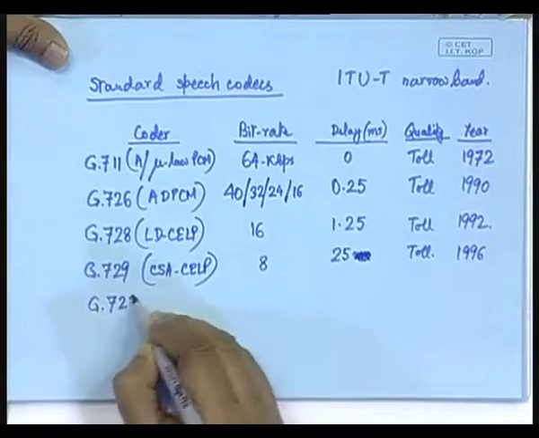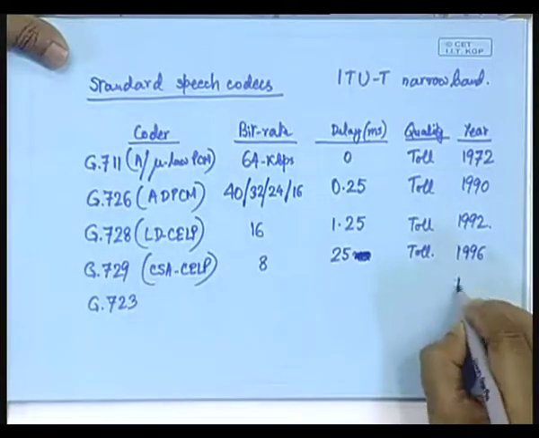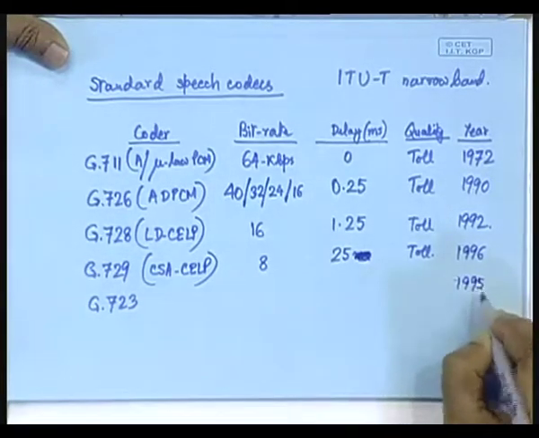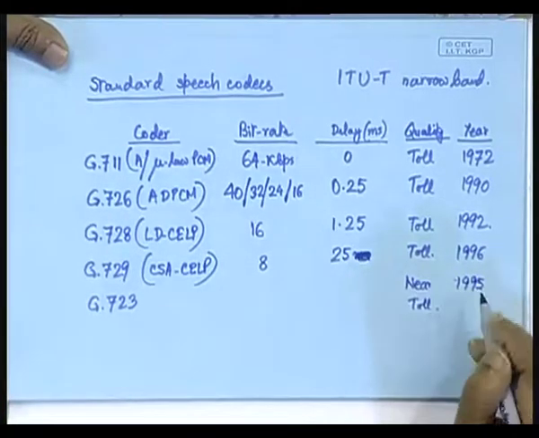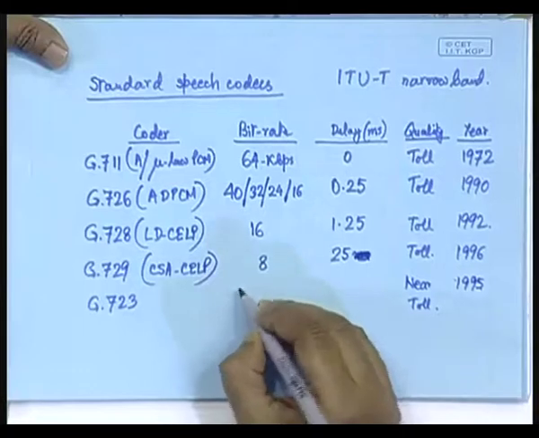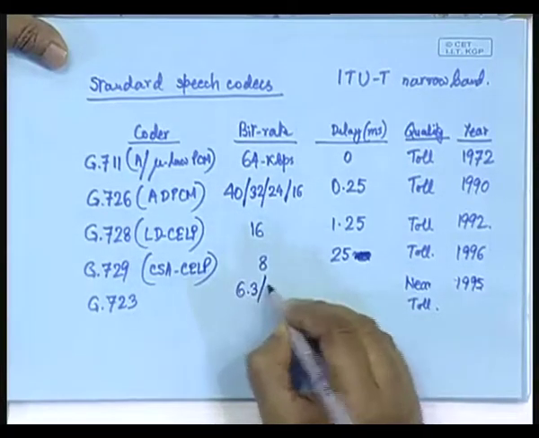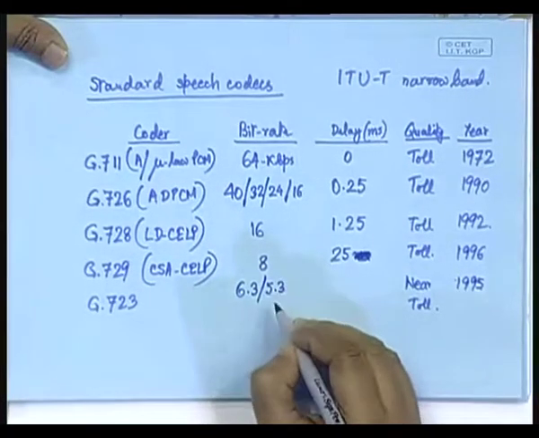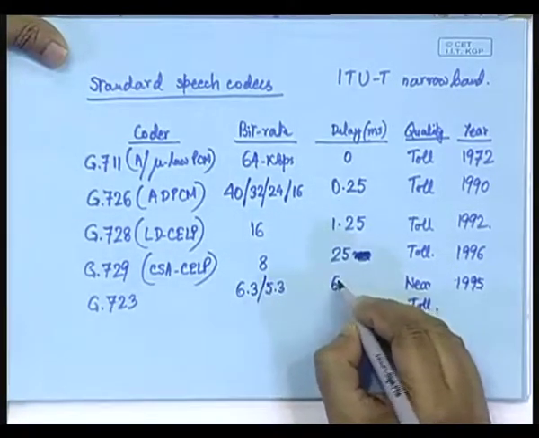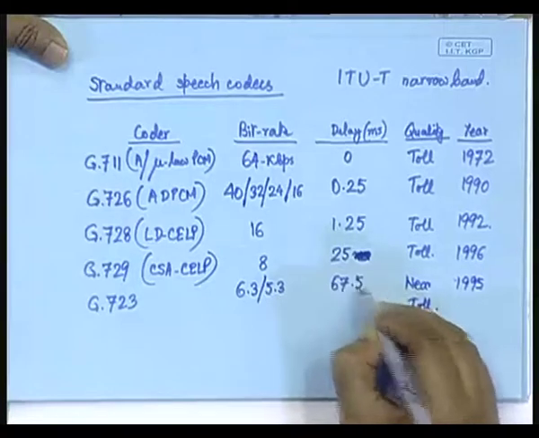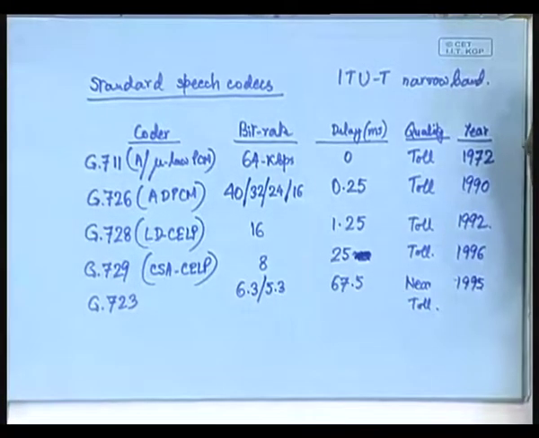And the standard G.723, which was proposed in 1995, gives rise to near toll quality, and on the bit rate side it comes to as low as 6.3 or even 5.3, but the delay is tremendous, 67.5 milliseconds, a substantial delay.